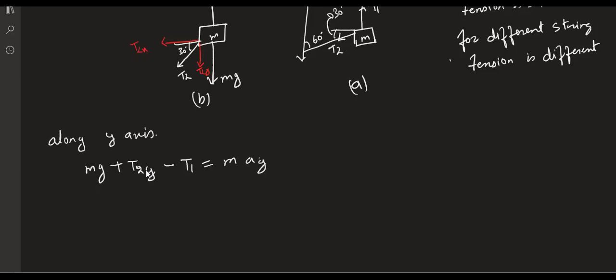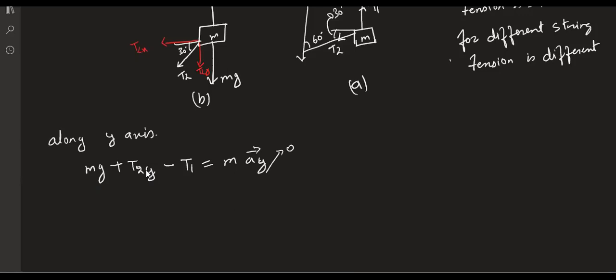Now if the object is not moving in the y-axis, this will be 0. But I haven't told you whether it is moving or not. So this is the force equation along the y-axis. Just use your basic concept: net sum of all the forces is equal to mass into acceleration.